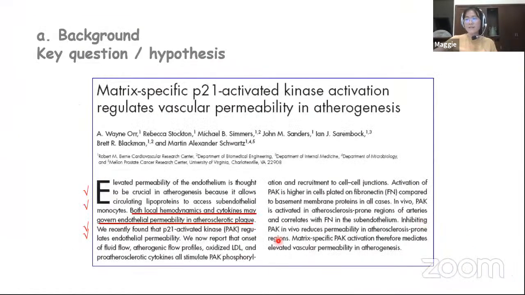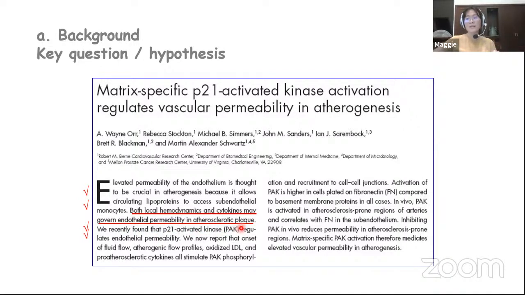As you can see here, first, elevated permeability of the endothelium is thought to be crucial in atherogenesis, because it allows circulating lipoproteins to access subendothelial monocytes. So this is the background. Then both local hemodynamics and cytokines may regulate endothelial permeability in atherosclerotic plaque. So this is the background.